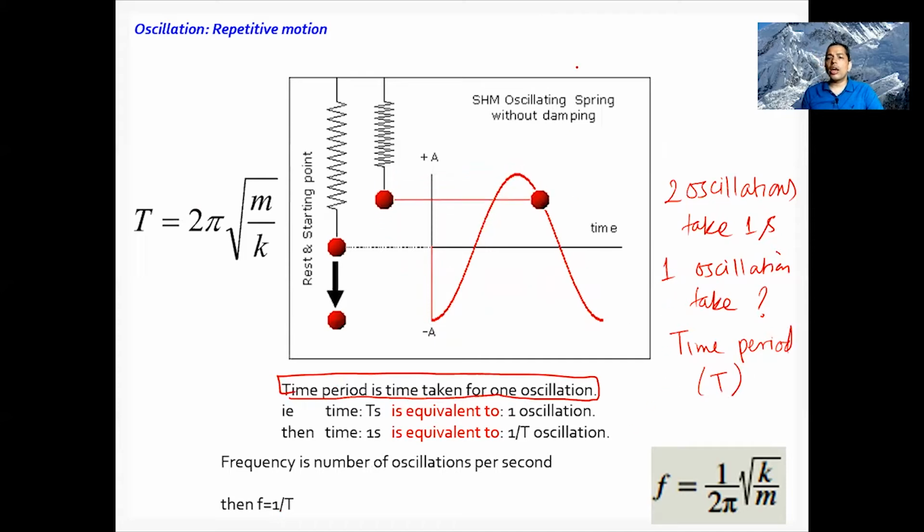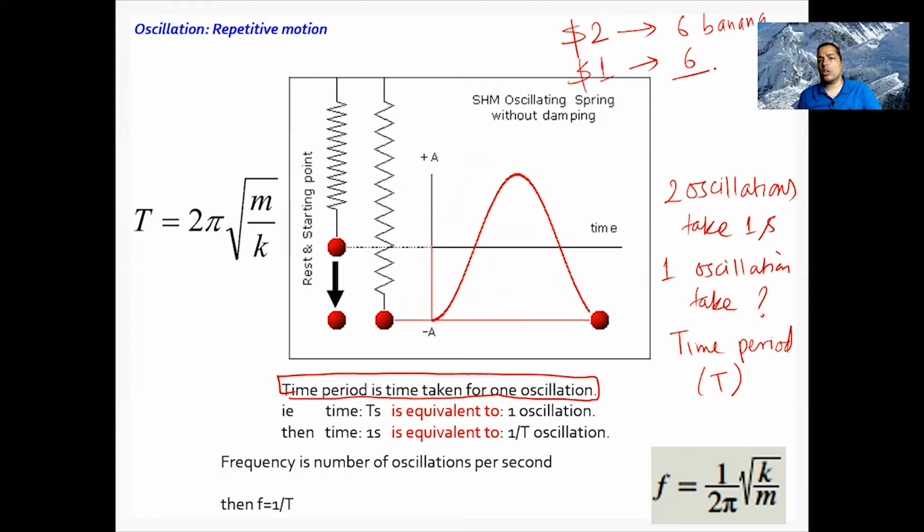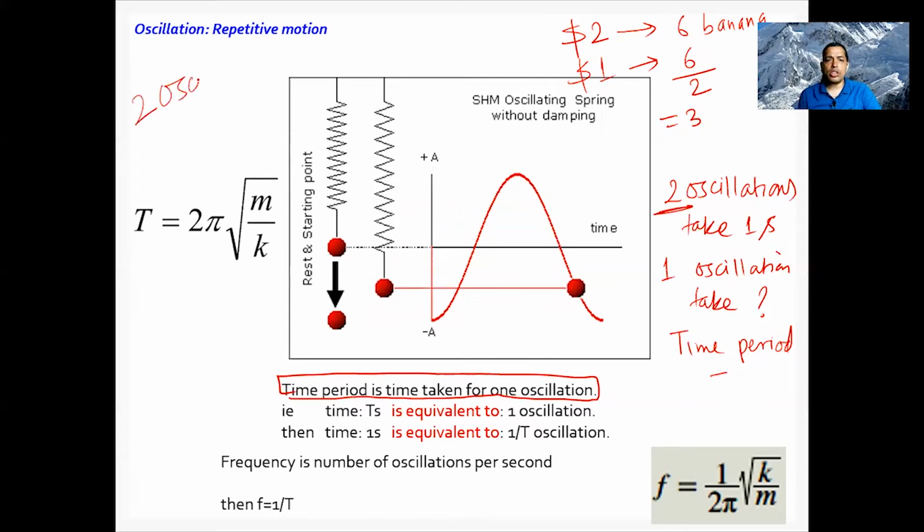So like if you go to a grocery store and for $2 you get 6 bananas, then for $1, how many bananas can you buy? You divide 6 over 2, which is 3 bananas, right? 2 oscillations are equivalent to 1 second.